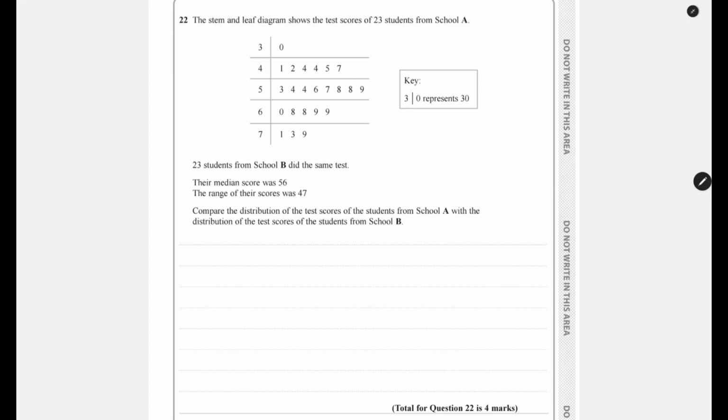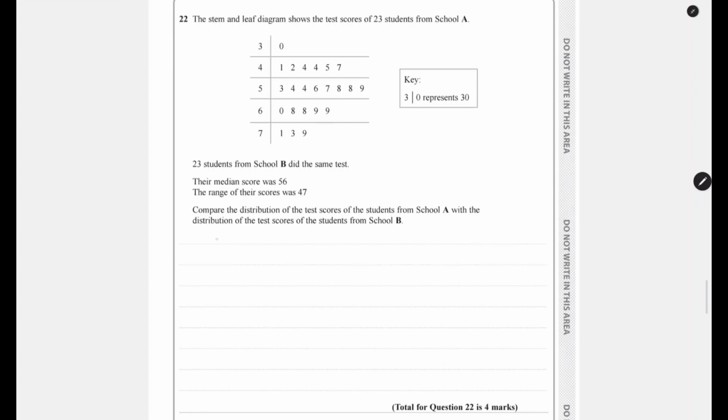Well, the range is probably the easiest thing to start with. The range is just the largest number minus the smallest number. So that's range of school A, the largest number, which is 79, minus 30, which is equal to 49. The median score of school A is the middle number in the stem and leaf diagram.